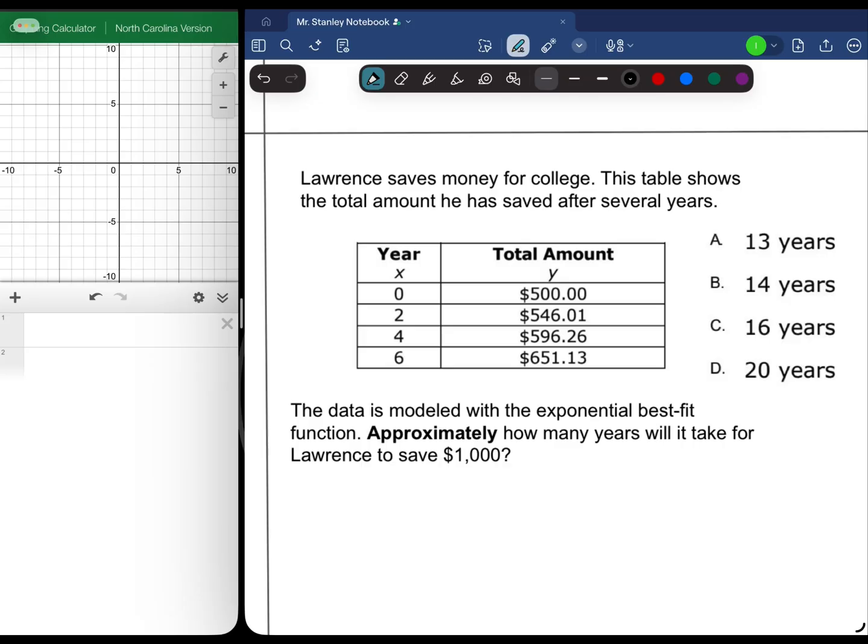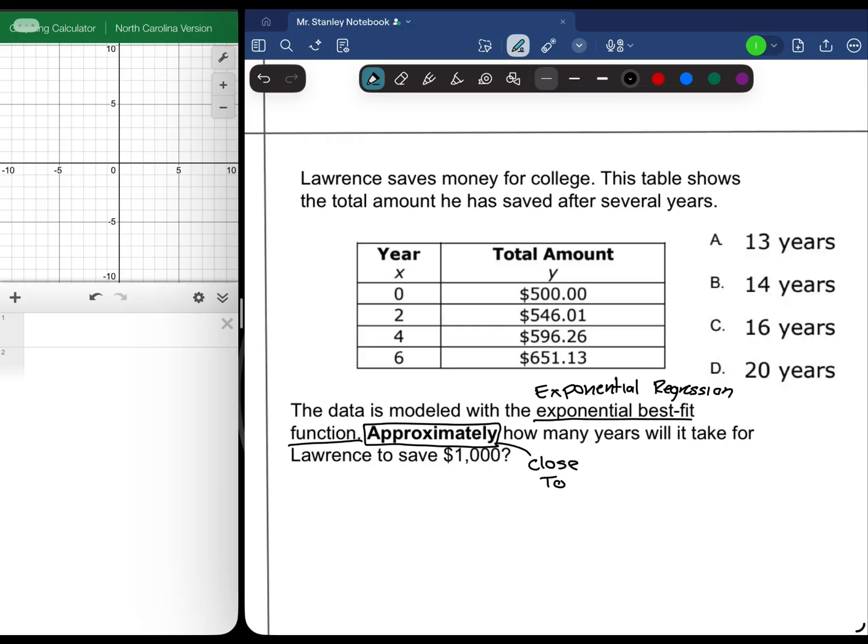Okay, so key thing that we have is exponential best fit function. That means we're looking for an exponential regression. So we got approximately again, so that means we're trying to get close to.